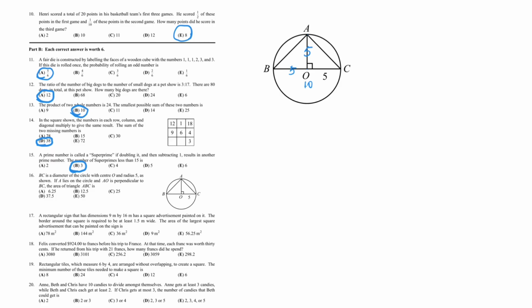The area of triangle ABC is 1/2 base times height. The base BC is 10, and the height is the radius, 5. Cancel 2 with 10: 2 times 5 is 10. So 5 times 5 is 25. Therefore, the answer is C.